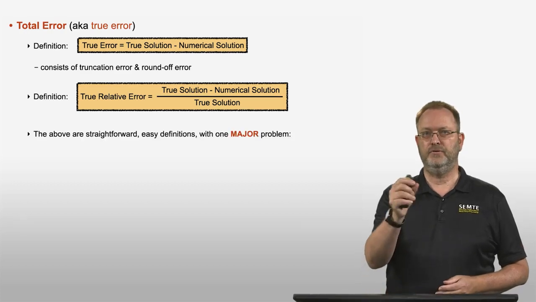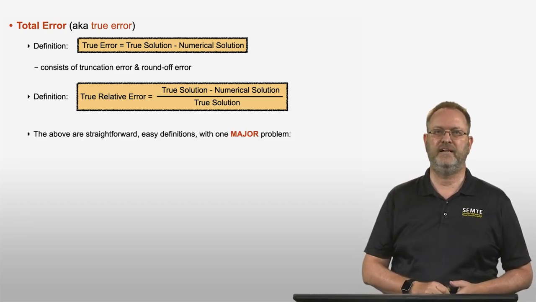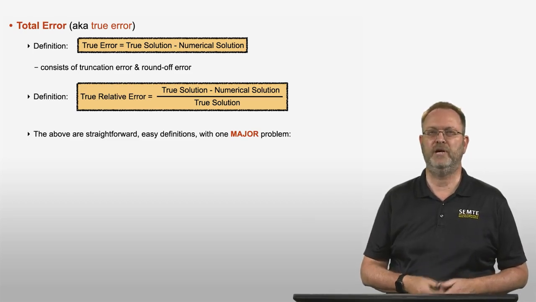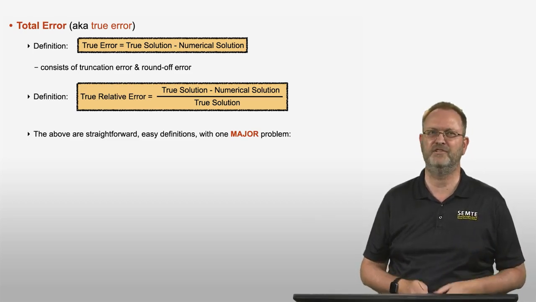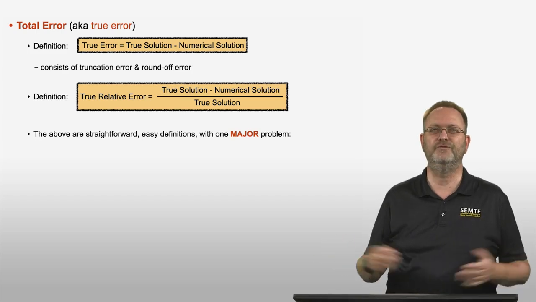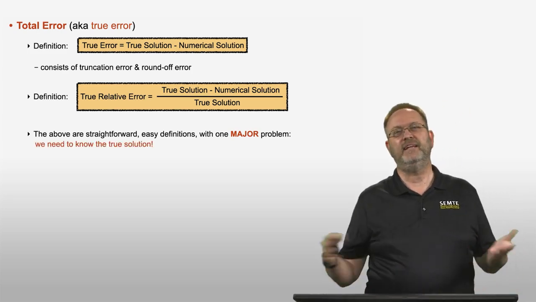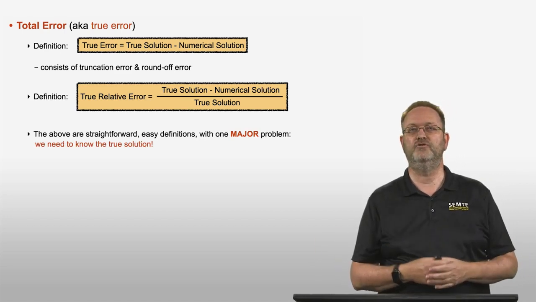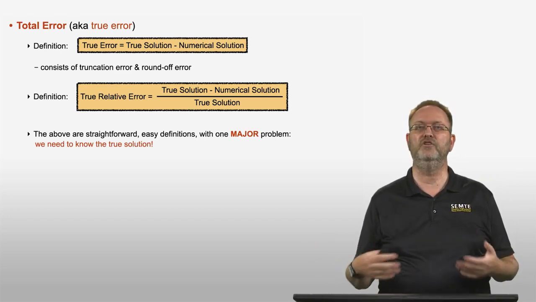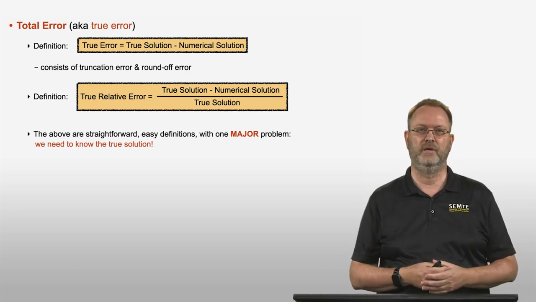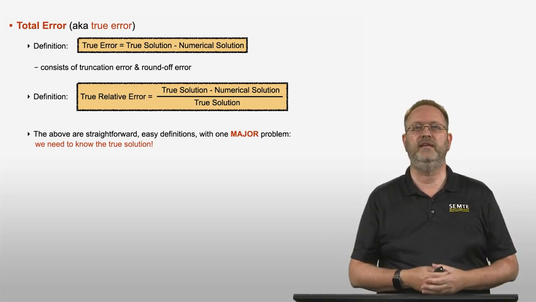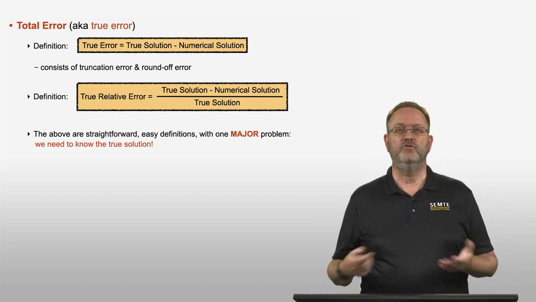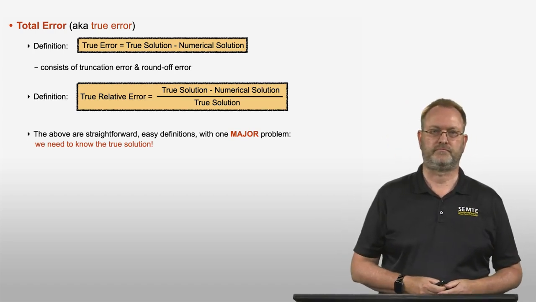Now these two definitions here, the true error and the true relative error, are pretty straightforward. They only have one major problem, right? And you probably can spot the problem. We need to know the true solution. And I said at the beginning of this class that the point of numerical methods is to solve problems where we will not know a true solution. And in order, though, to calculate the true error or the true relative error, we would need to know the true solution.